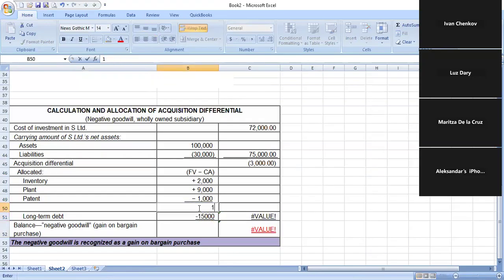So I'm going to have a deduction in my fair market value, and I can end up again with the positive goodwill, as you can see here. So a negative acquisition differential doesn't mean you can have a negative goodwill. That's what the slides try to tell you here.